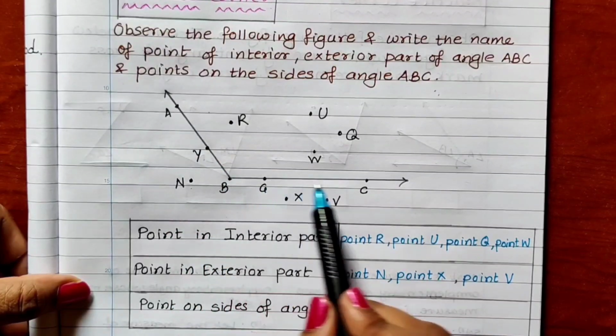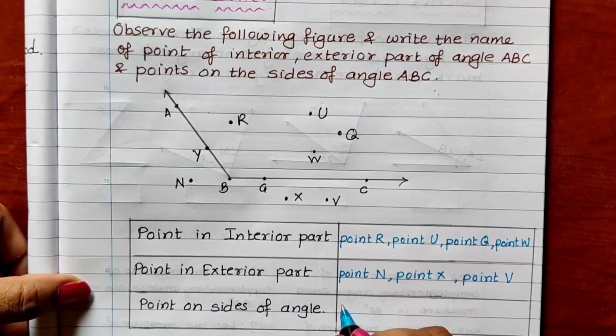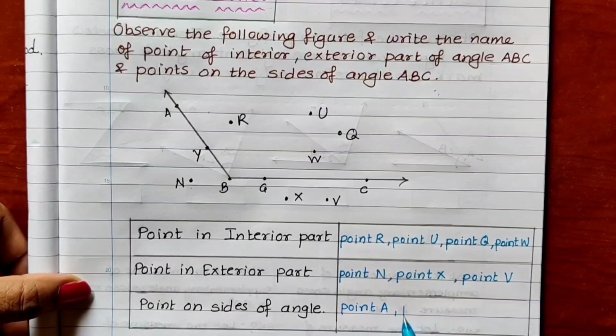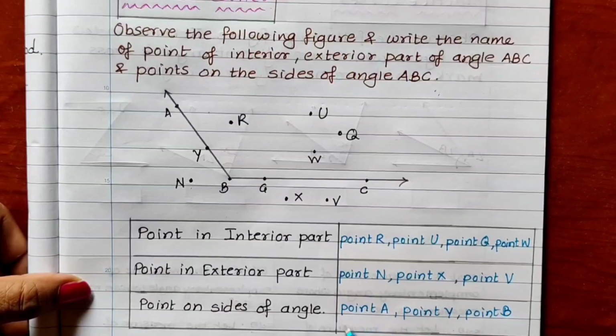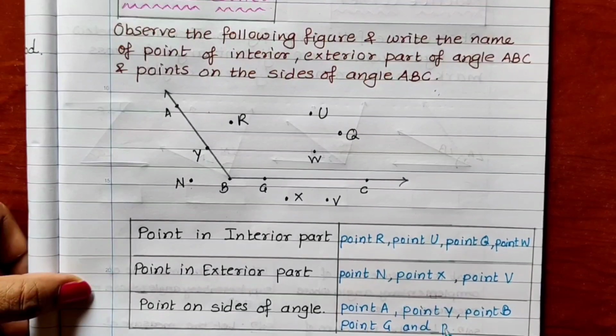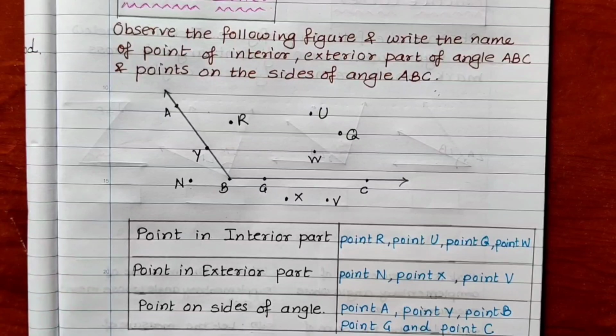A, Y, B, G, C. So point A, point Y, point B, point G and point C.